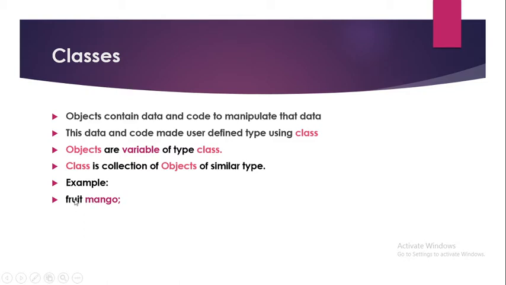Here is the data type and here is the name of the variable. So this is the class and this is the object. As we are using the class here, this variable is nothing but our object. Objects are variables of type class, hence it is declared as fruit mango.